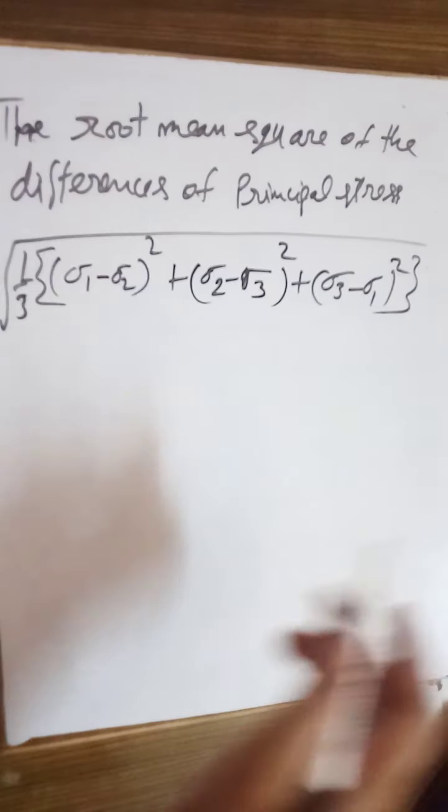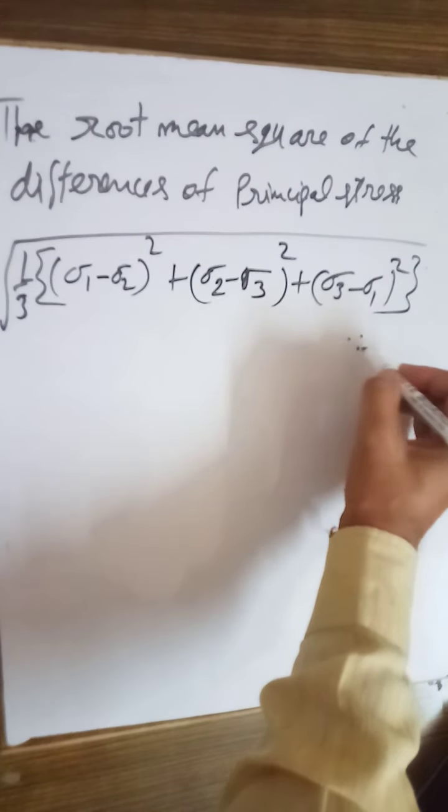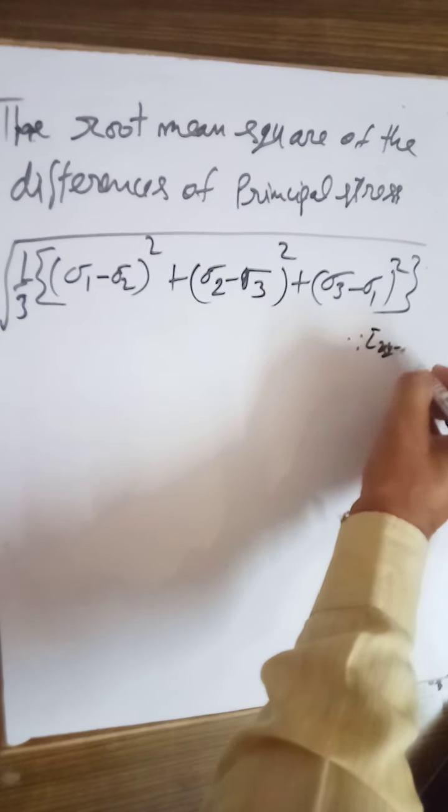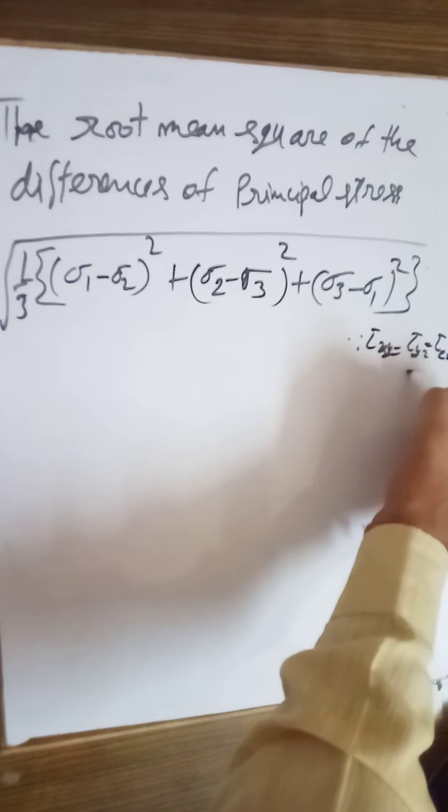That can be written as the square root of the mean of sigma 1 minus sigma 2 squared, plus sigma 2 minus sigma 3 squared, plus sigma 3 minus sigma 1 squared, because sigma 2 and sigma 3 are 0, and tau xy, tau yz and tau zx are also equal to 0.